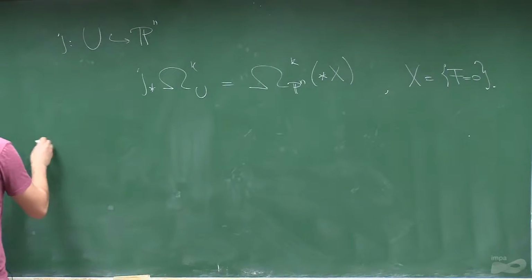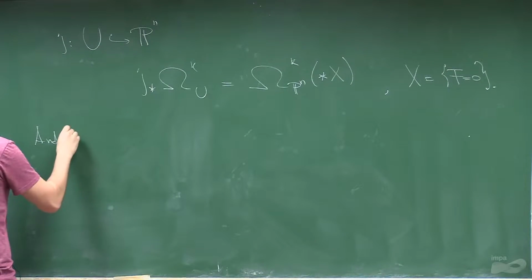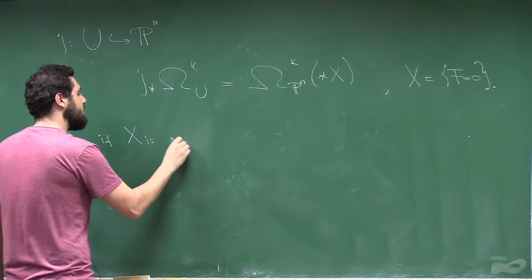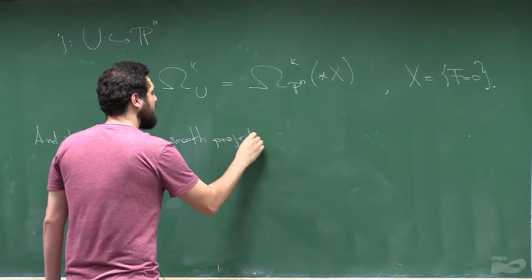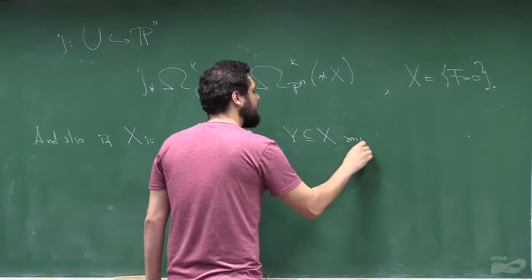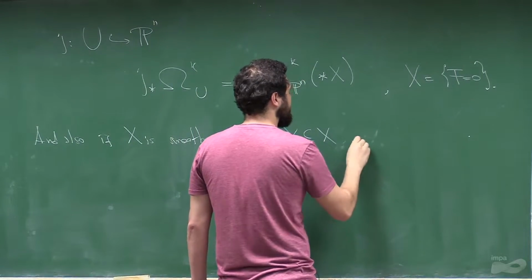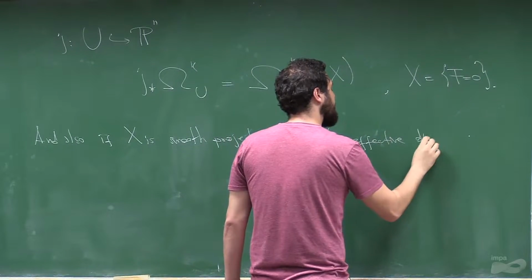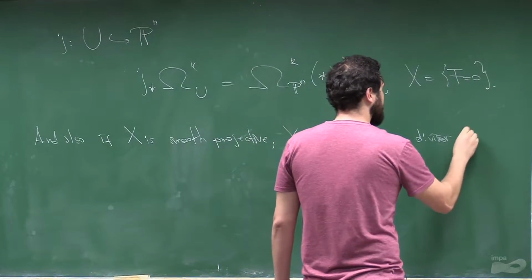And this is true also if X is smooth projective, Y is an ample, an effective divisor, and U is the complement.